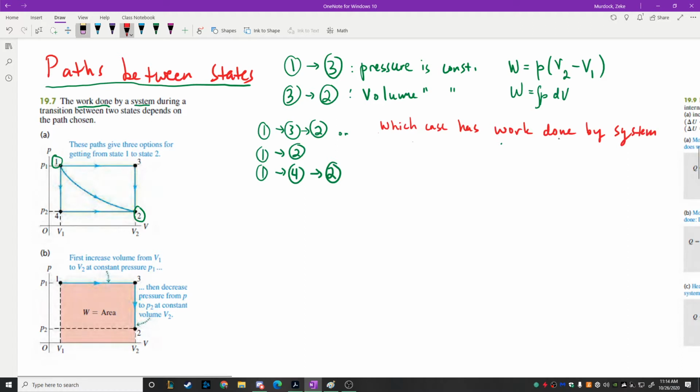What do you think? In which case is the work done by the system the largest?